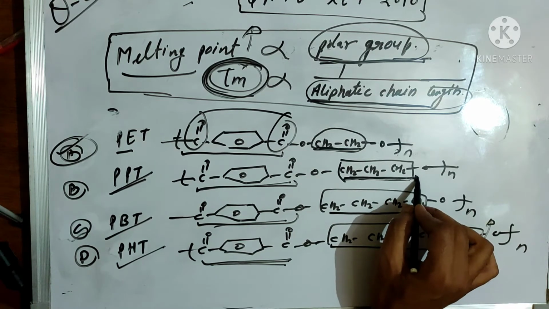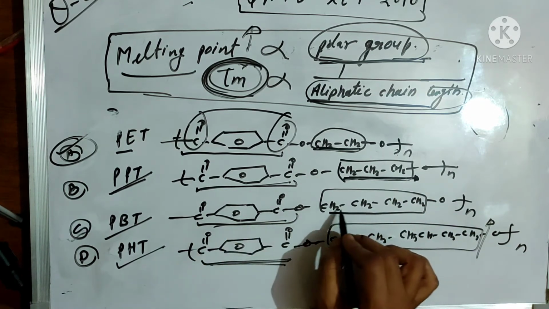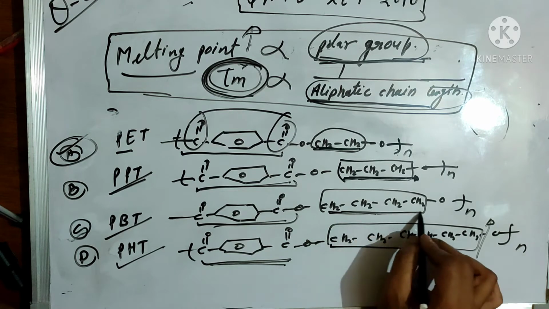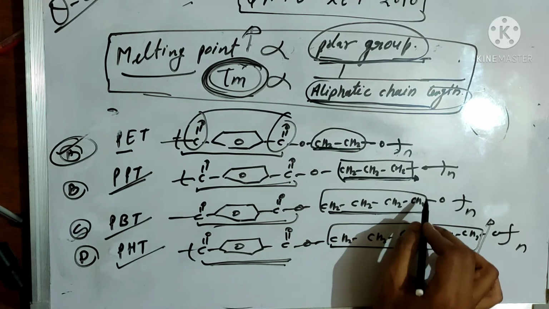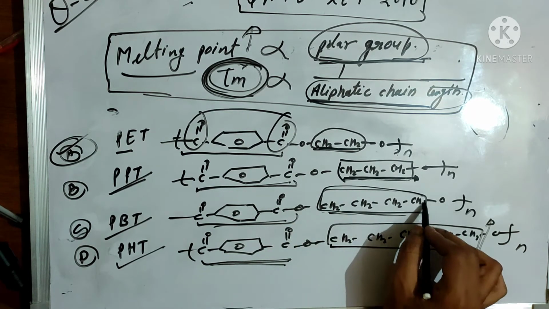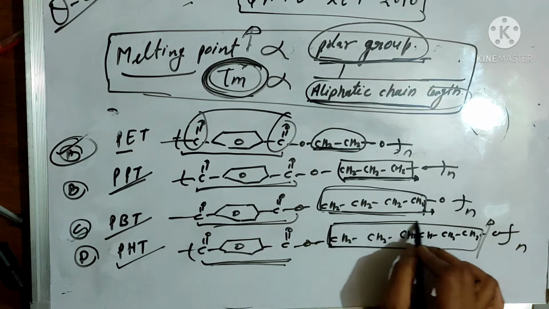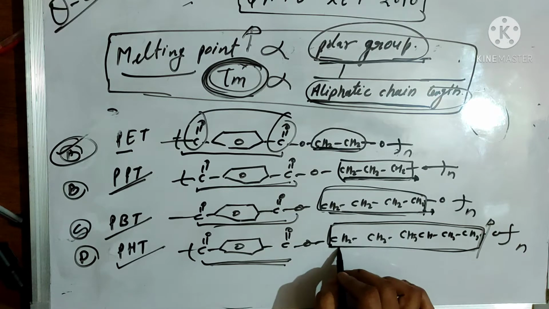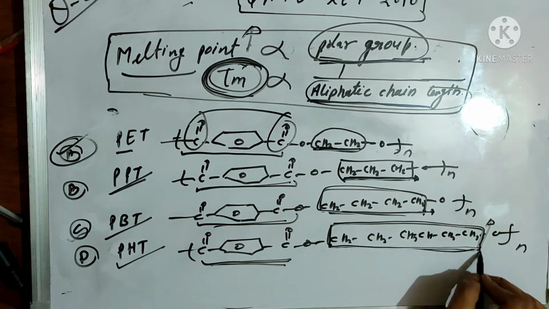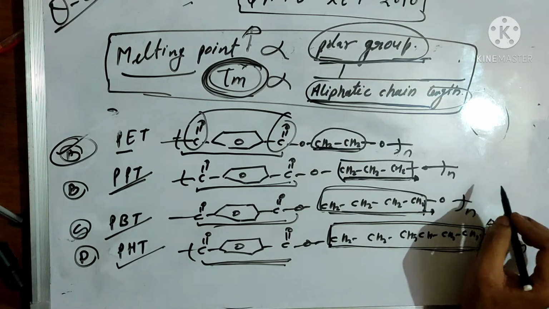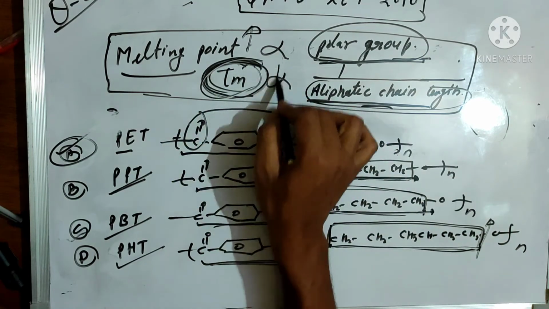That means the aliphatic chain length is increasing. Polybutylene terephthalate has 4 carbons, so again the aliphatic chain length is increased. In polyhexylene terephthalate, the aliphatic chain length has 6 carbons, increasing again. So increasing the aliphatic chain length, the melting point will decrease.